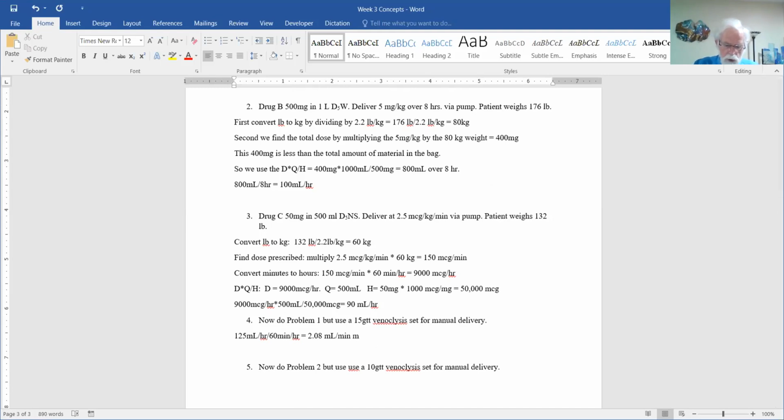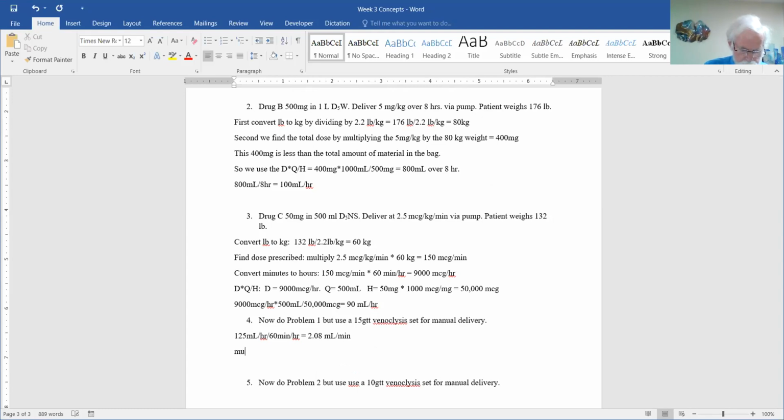So now we simply multiply by the drop factor that we are given. Here we're using a 15 drop factor set.